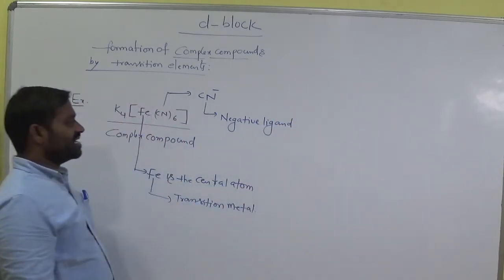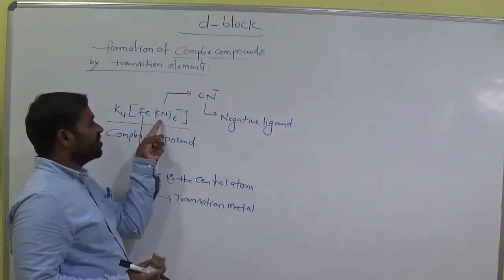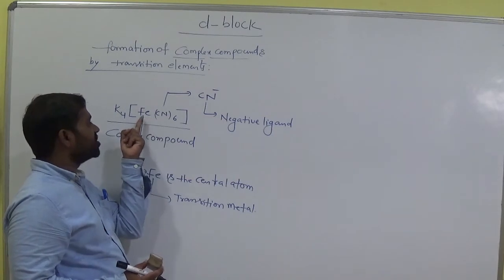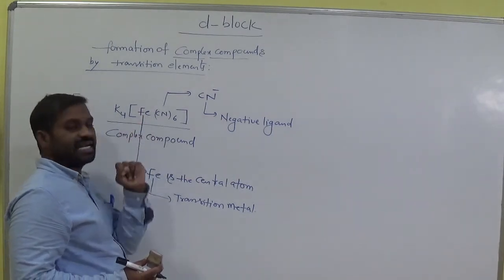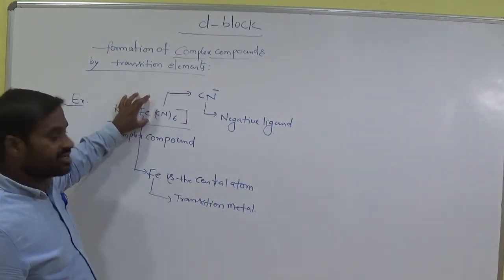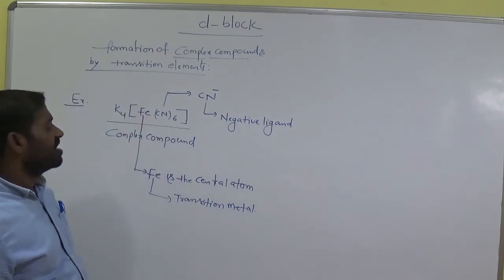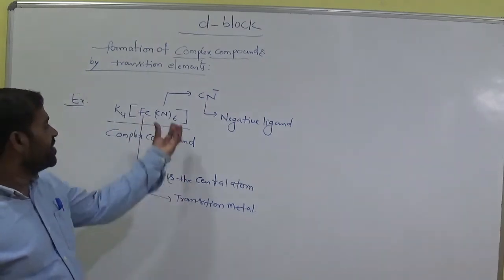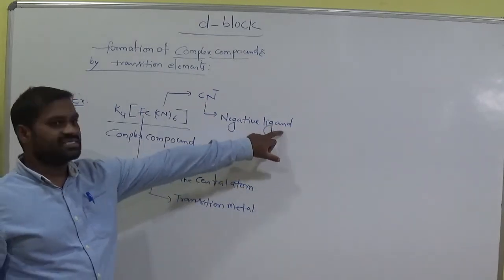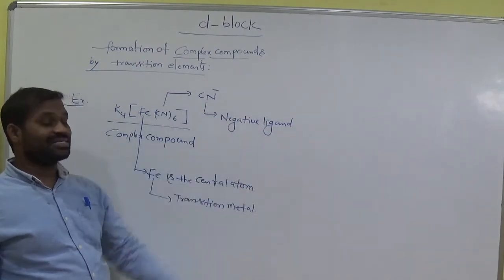Here we have 6 cyanide ligands. These 6 ligands are attached to the iron, to the central metal atom. Those pieces which are attached to the central atom are called ligands. Here it carries a minus charge, so we call it a negative ligand.